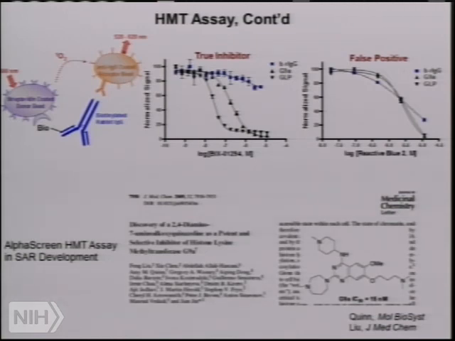So we tested this with a known inhibitor of methyltransferases, the BIXL1294 compound. It produced largely flat effect in the counter screen. It was nicely inhibitory in the main assay, whereas a false positive, this reactive blue 2 molecule, produced uniform signal not only in the enzymatic assays, but also in the counter screen, therefore flagging it as false positive.